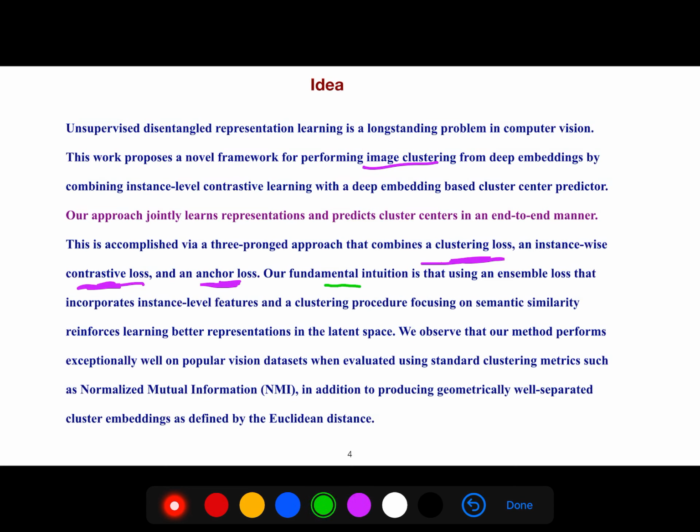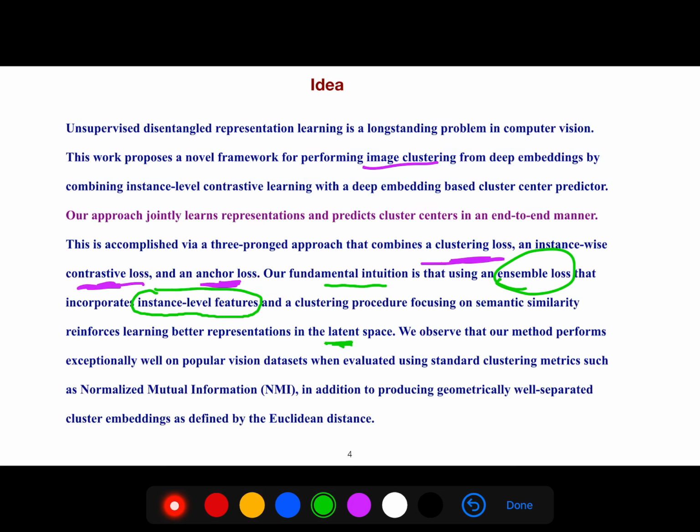Our fundamental intuition is that using an ensemble loss that incorporates instance-level features and a clustering procedure focusing on semantic similarity reinforces learning better representations in the latent space.